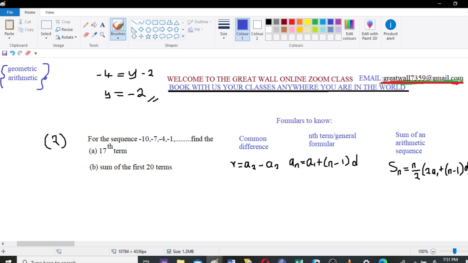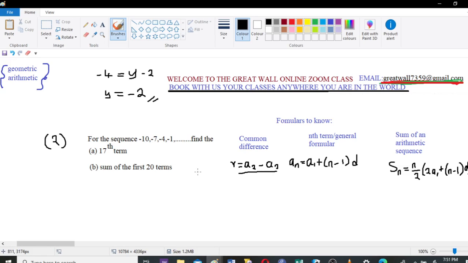So looking at the first one here, the sequence that we have, we need to identify if this formula here, where we subtract the first term from the next term, gives us the common number, then we can tell that this is arithmetic progression.